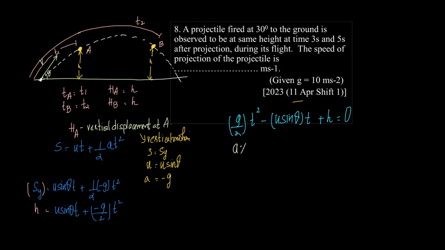Because we know that if alpha and beta are the roots of a quadratic equation of the form ax square plus bx plus c is equal to 0 in terms of x, then what is alpha plus beta equal to?